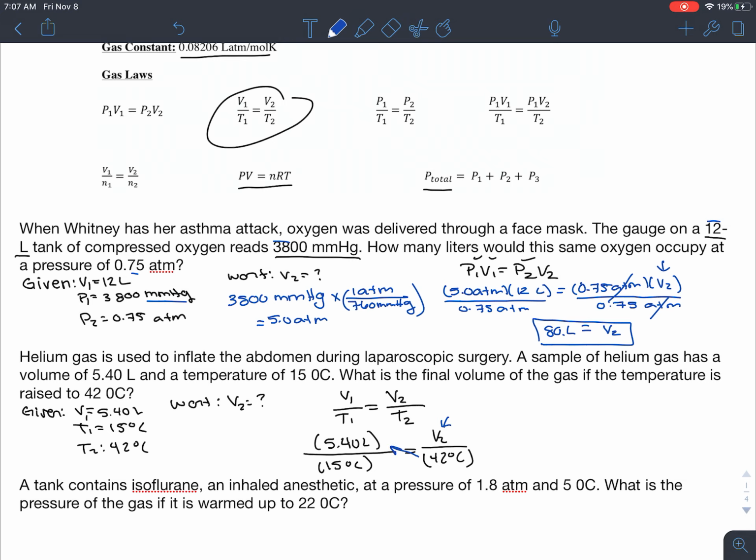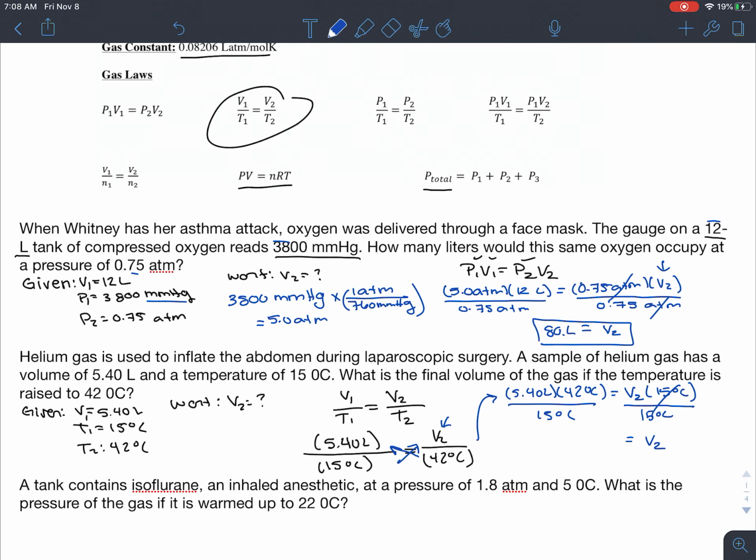Now here, because it's a fraction, to isolate V2 you have to cross multiply, which gives you this. So you have 5.4 liters times 42 degrees Celsius is equal to V2 times 15 degrees Celsius. And then, since you want to get V2 by itself, you divide both sides by 15.